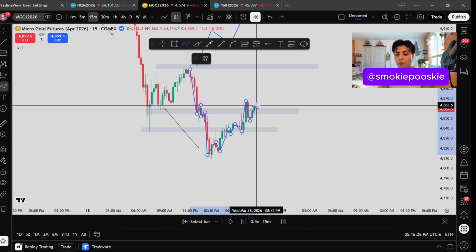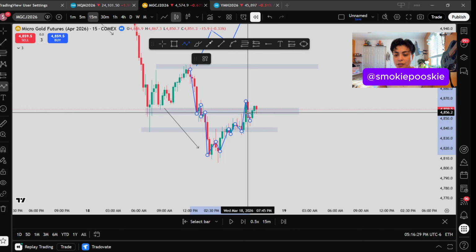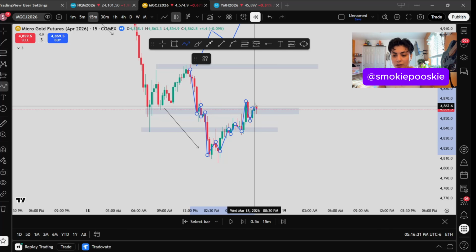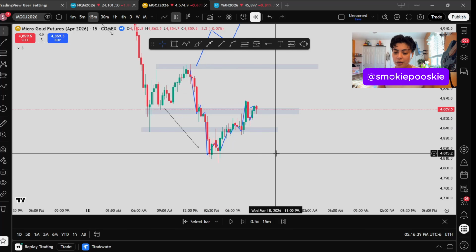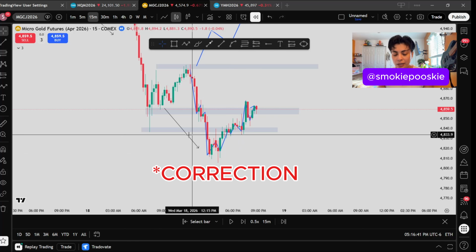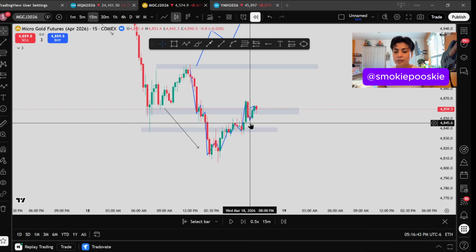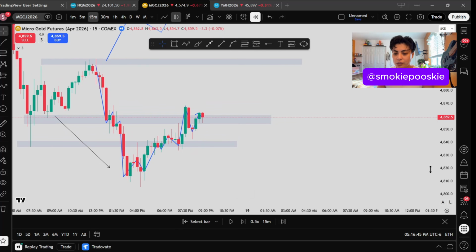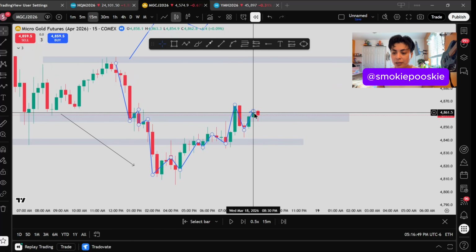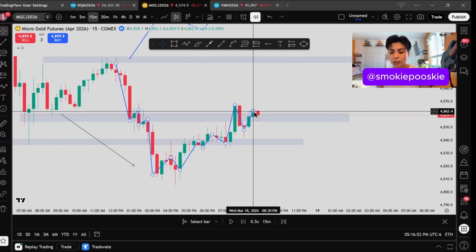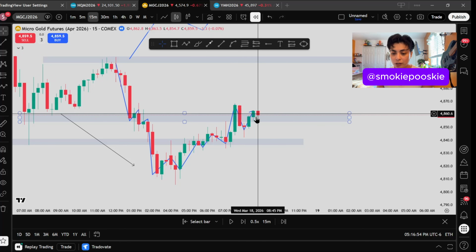So what happened after we created this higher low? A lower high. Now, that is not telling me the indication is immediately over. That's telling me that is interesting. So let me zoom in just a little bit so you can see. That is giving me a clue that the correction might be over.